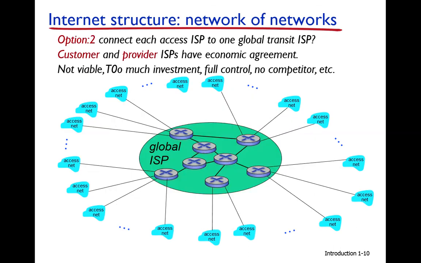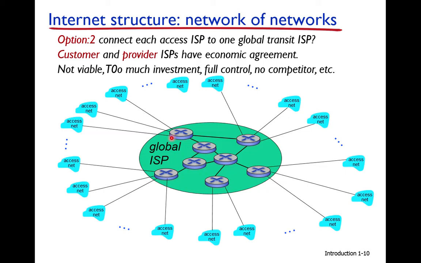So we have another option, and that is called option 2. In option 2, suppose there is a global ISP, one ISP, and they deploy their routers throughout the world, and these routers are interconnected.